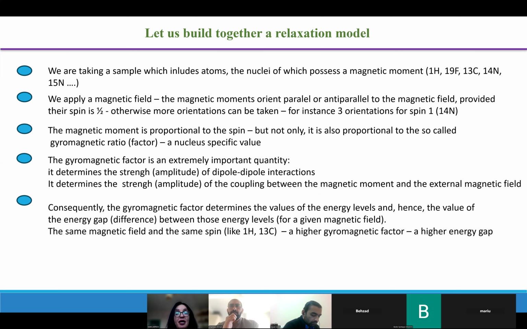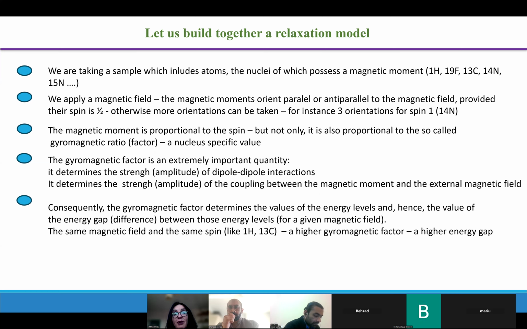So this is what I'm trying to say, that the gyromagnetic factor is an extremely important quantity because it determines the magnetic moment. And consequently, it determines the strength of the dipole-dipole interactions with other magnetic moments, with other protons, other nuclei.